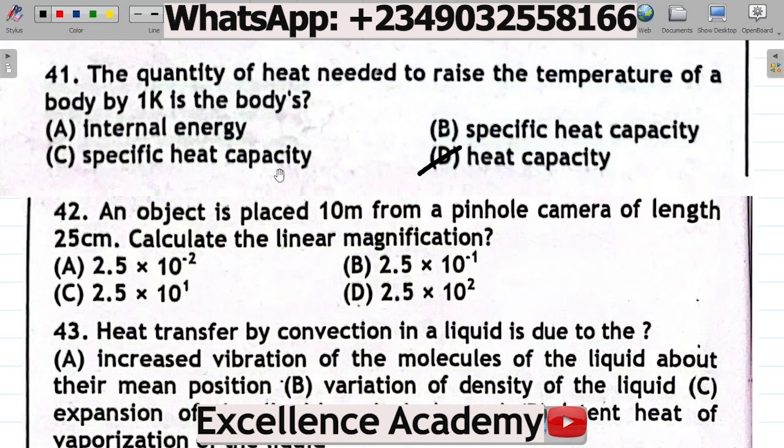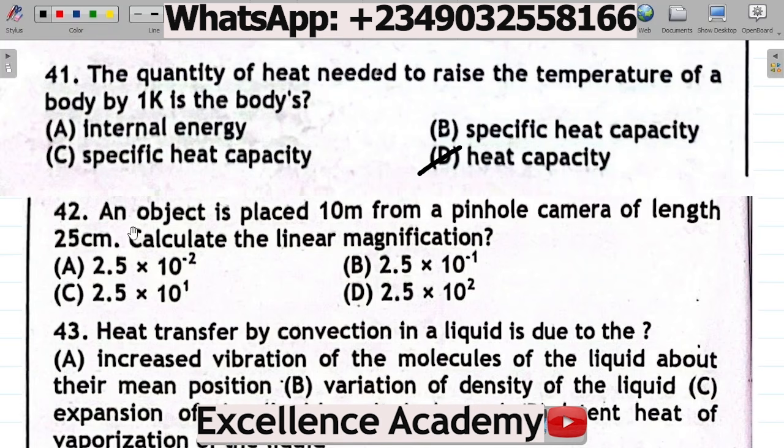Note that if they had said the quantity of heat needed to raise the temperature of a body by 1 Kelvin per unit mass, then the answer would have been specific heat capacity. When you hear per unit mass, it becomes specific heat capacity. But since they did not mention per unit mass here, the answer becomes heat capacity.